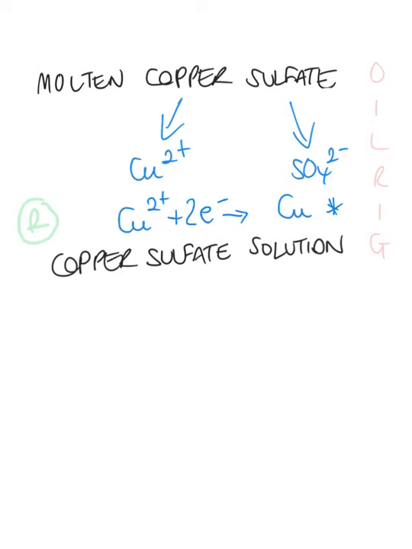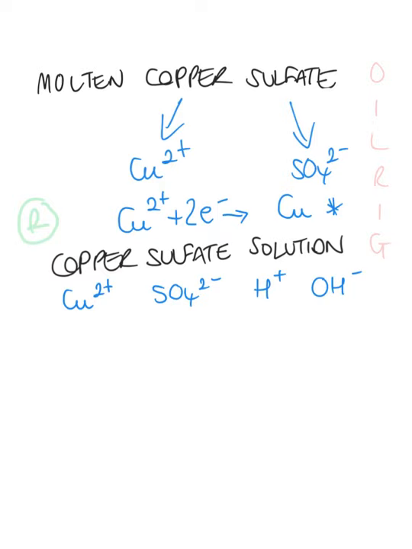Now we look at copper sulfate solution. We would have had Cu2 plus, SO4 2 minus. Remember, the solution ions are the ions from water, H plus and OH minus. Let's go through and apply the rules and see which ions are going to need half equations.